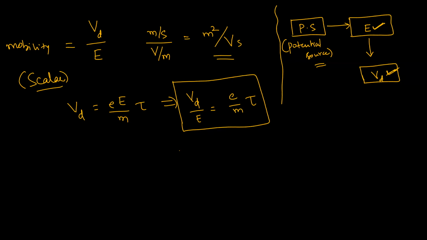So we saw two important terms. One was drift velocity, and then we saw mobility. For drift velocity, we saw the derivation, right? So remember how we are supposed to do it.